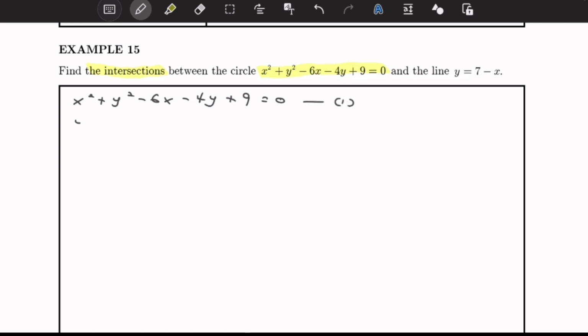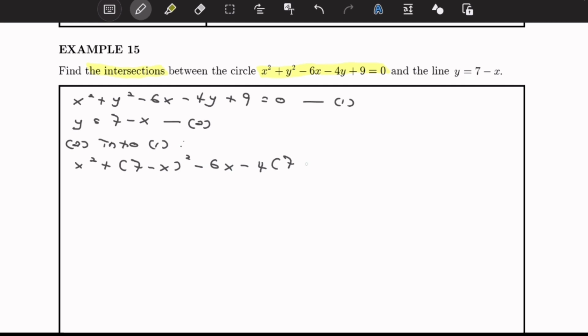Second equation, y equals 7 minus x. So I'm going to substitute equation 2 into equation 1. So we will have x squared plus (7 minus x) squared minus 6x minus 4(7 minus x) plus 9 equals 0.